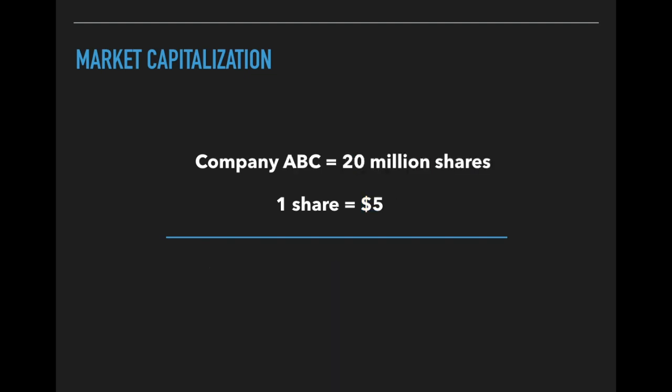So let's say that company ABC here has 20 million outstanding shares and each share is priced at $5. If they have 20 million shares, each priced at $5, what is the total worth of company ABC? It's going to be 100 million.